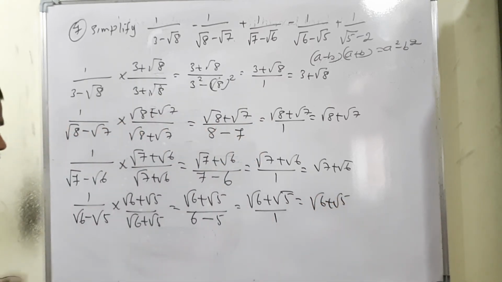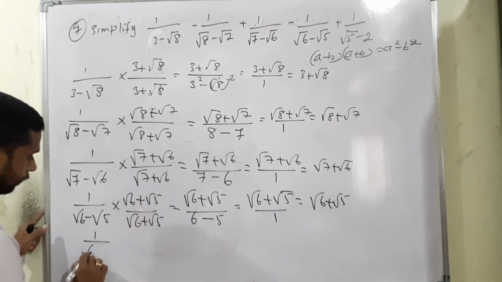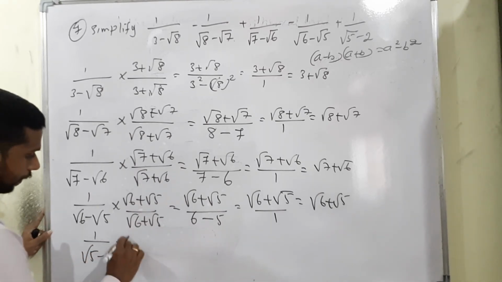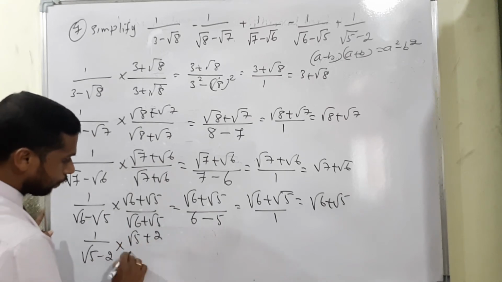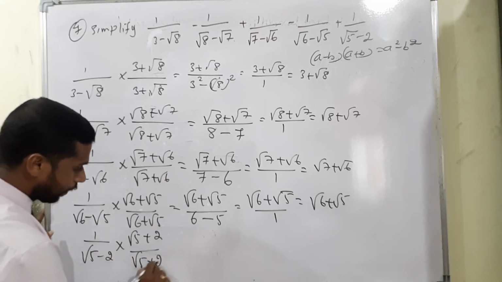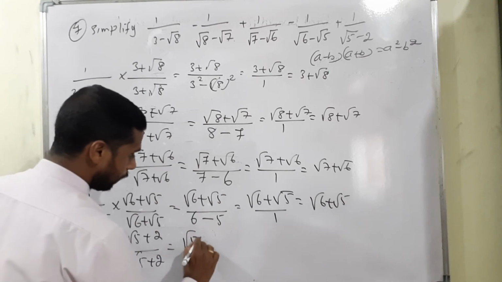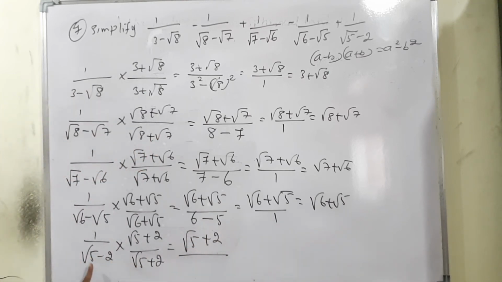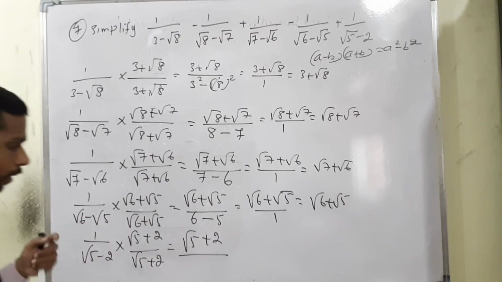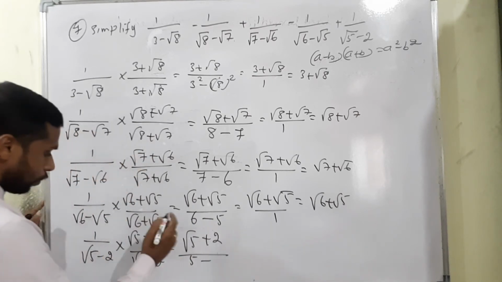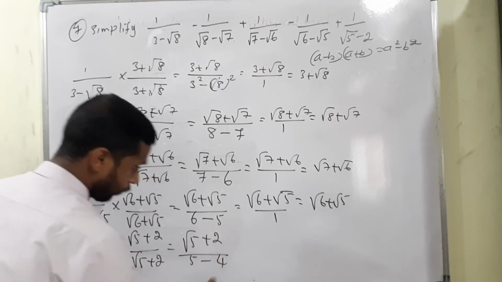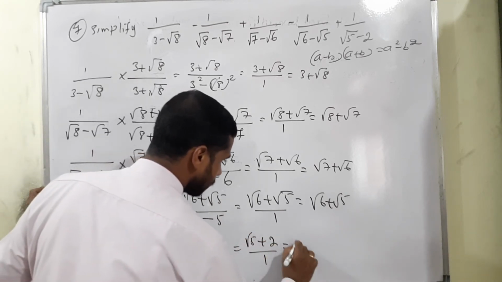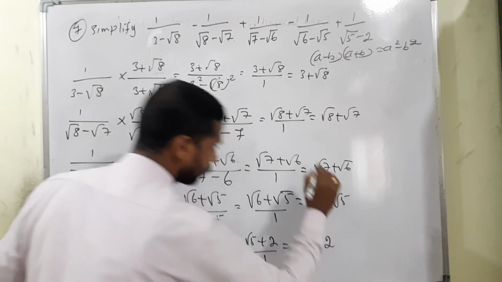The last one, 1 by root 5 minus 2. Again rationalize: root 5 plus 2 divided by root 5 plus 2. The answer will be root 5 plus 2 divided by, again a plus b into a minus b, a square minus b square. Root 5 the whole square means 5, minus 2 square means 4, so 5 minus 4 will come. So again root 5 plus 2 divided by 1 is equal to root 5 plus 2.